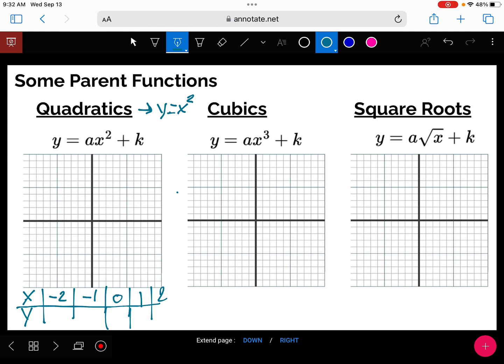What is -2 squared? What is -1 squared? What is 0 squared? What is 1 squared? And what is 2 squared? 4. That's our parent table. You should have written that for quadratics. That should be very familiar. You've written it about 1,000 times in Algebra 2.